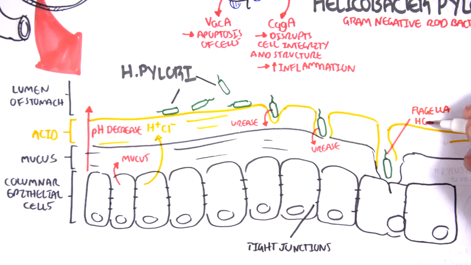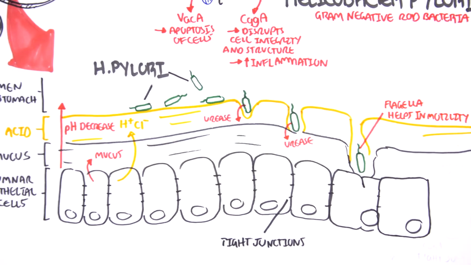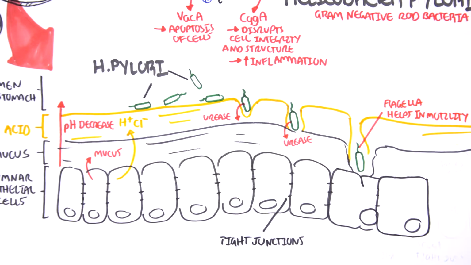It can move down with the help of its flagella, which helps in motility. So two things it's doing: it is using its enzyme urease to make ammonia, which neutralizes the acidity, and it is using the flagella to help it move down towards the stomach cells.